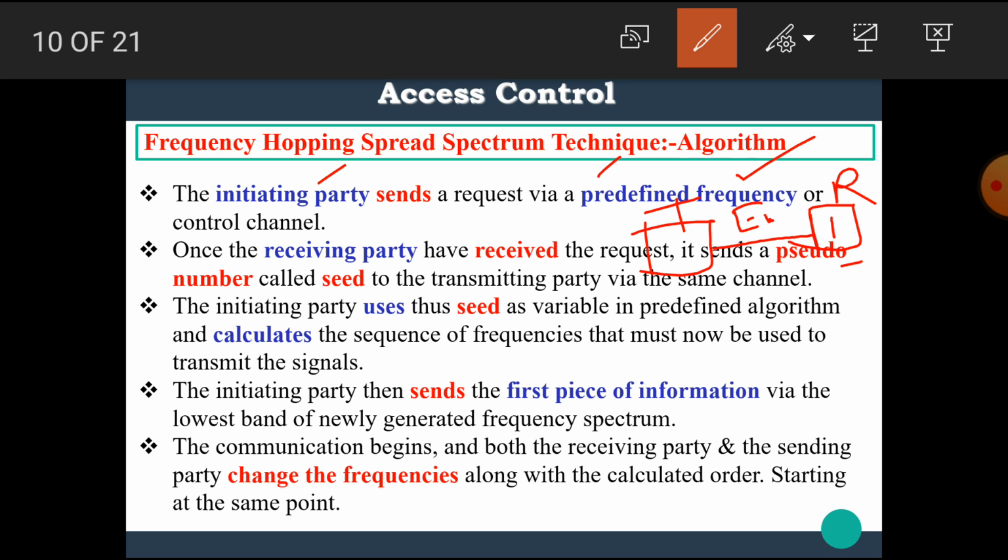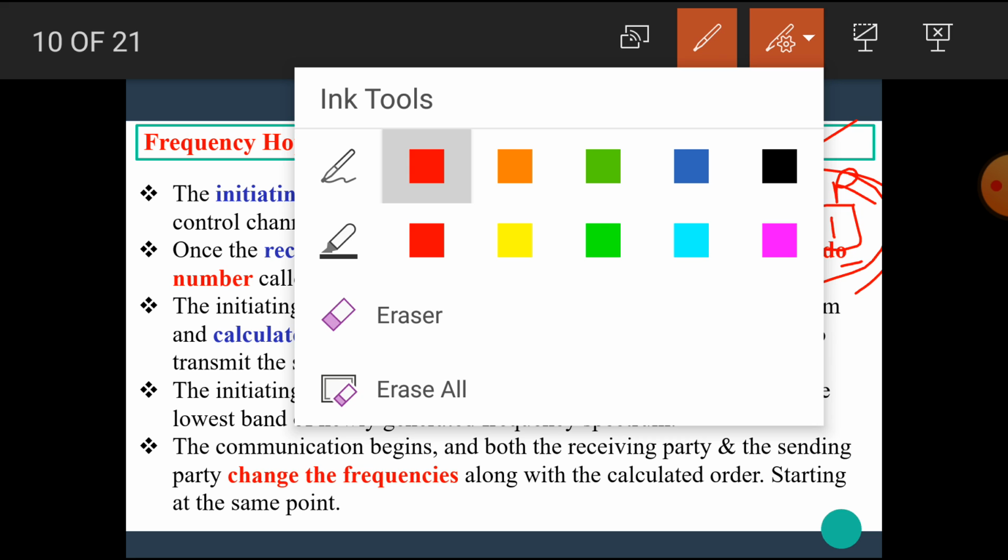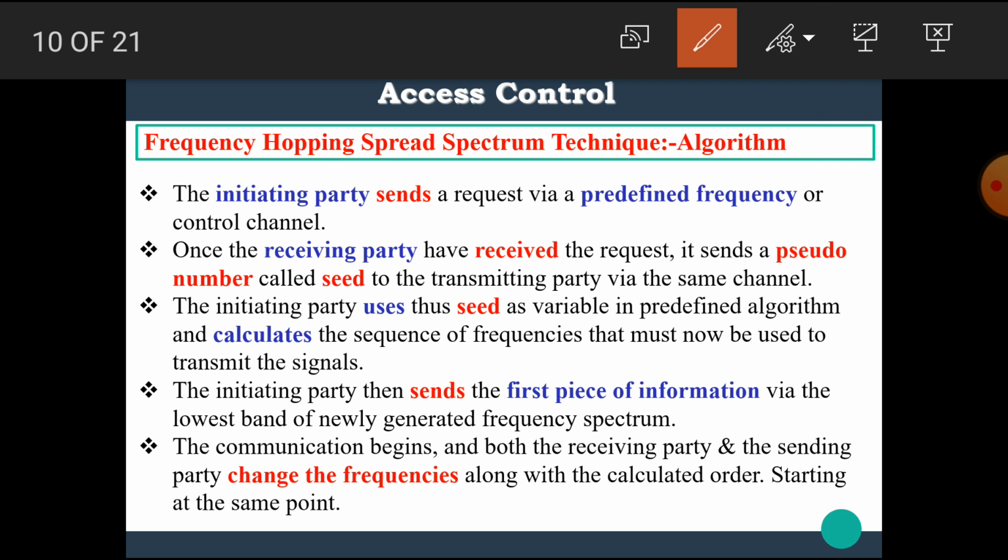Then the actual process done during this communication, the proper sequence, is known as the algorithm. First, the initiating party, that means the transmitter, sends a request via a predefined frequency or the control channel. That means the transmitter first sends the request. This is known as the synchronization process.